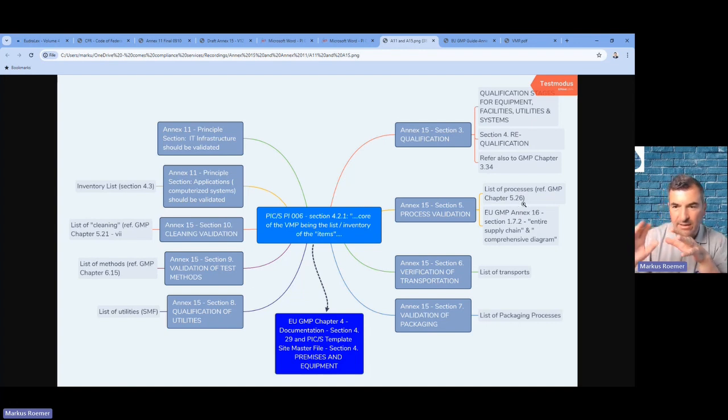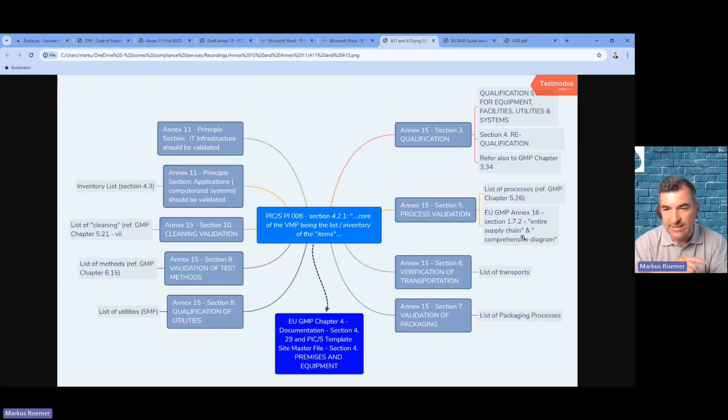You remember that? That was these nine chapters below of European GMP. And you will find also something like this, sometimes in a kind of hidden language. Annex 16, section 1.7.2: the qualified person should have an overview of the entire supply chain, internally and externally.